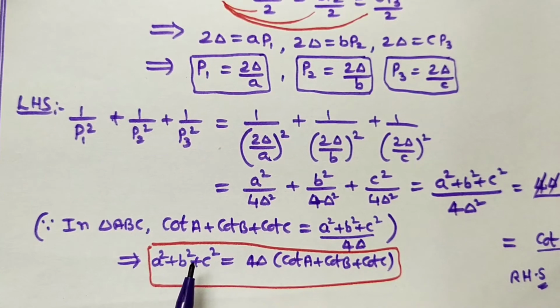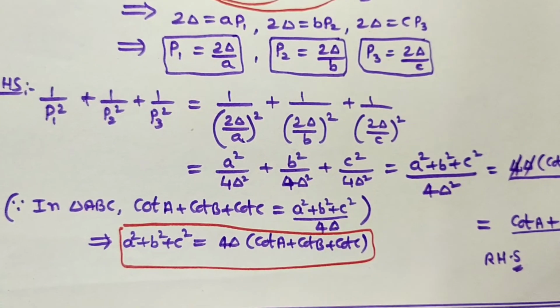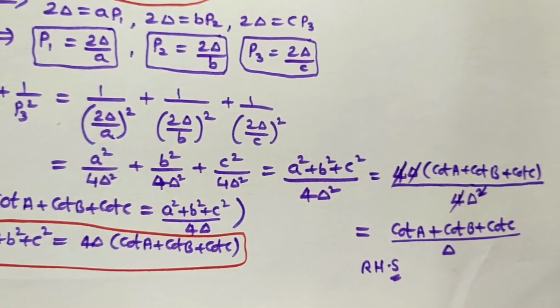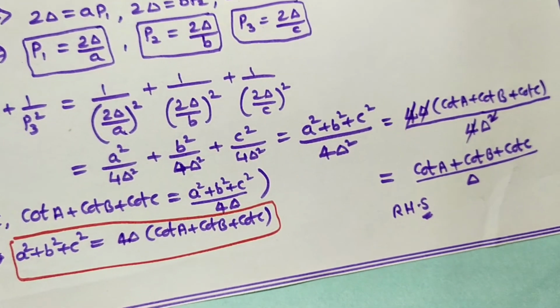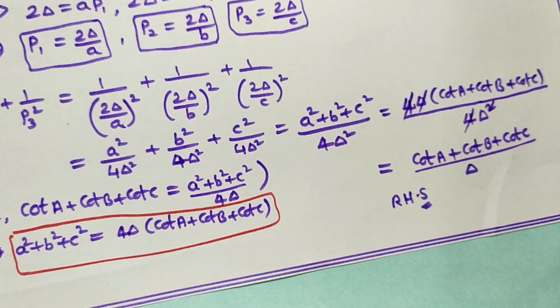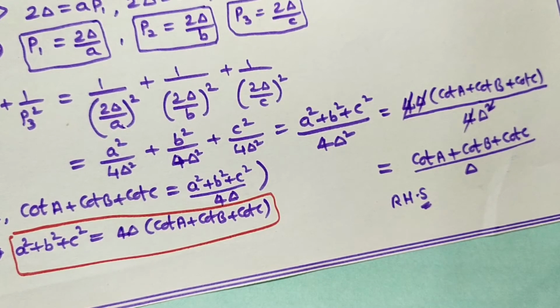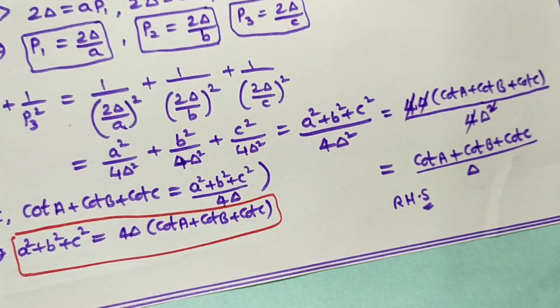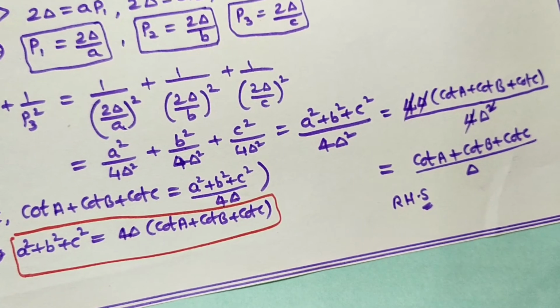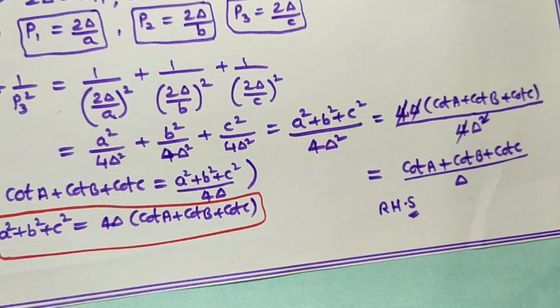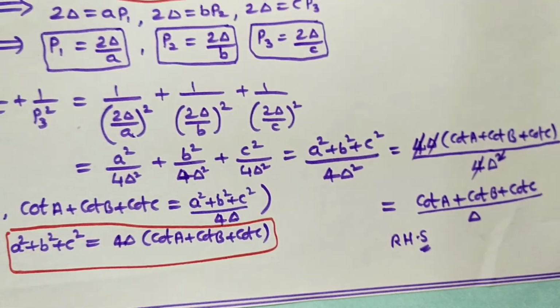Once you go through the videos, you will get that result. From that, wherever a square plus b square plus c square is there, we are replacing with this value: a square plus b square plus c square equal to 4 delta into cot A plus cot B plus cot C. So delta cancels, 4 gets cancelled. Remaining is cot A plus cot B plus cot C divided by delta, which is the required RHS.